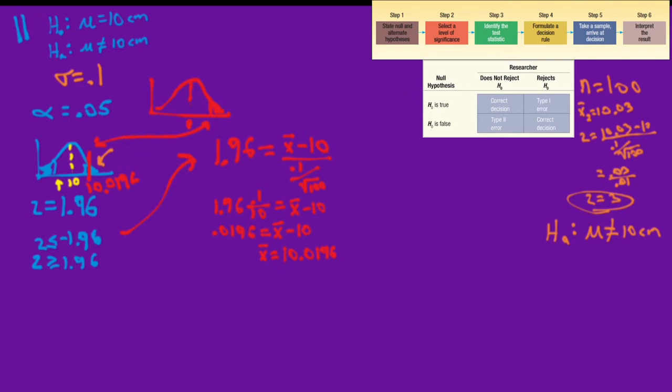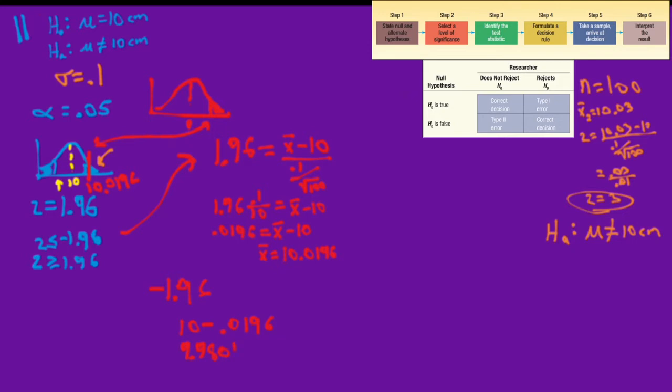Well, let's do the negative 1.96, and you can double check this math. This is going to fall out that it's 10 minus 1.96. Sorry, that's not true. 10 minus 0.0196, which is 9.9804.